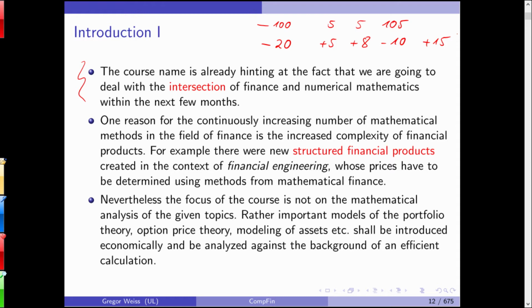What you can do is go to an investment bank or any other financial institution that offers financially engineered products, and ask the bank, would you be willing to pay out 5, 8, I will give you 10 in the third period and then 15 again.